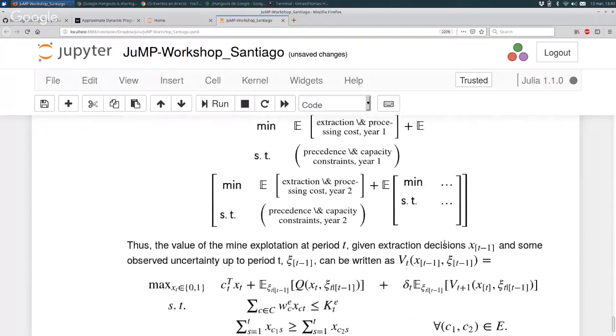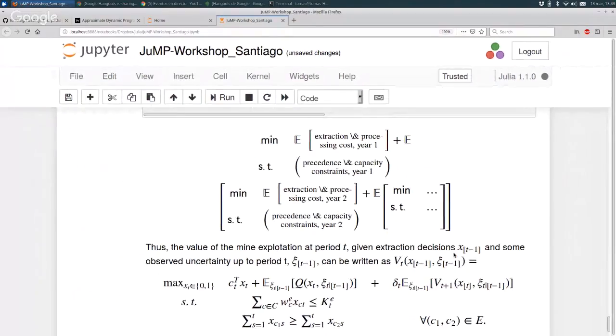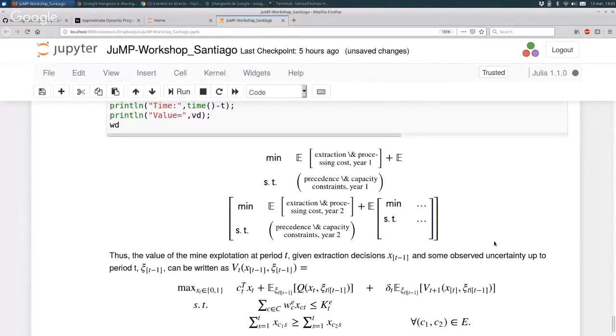And the idea is to use this to solve, as in the title of the presentation, multi-stage stochastic problems with endogenous uncertainty using Julia. So this is the interesting part. I hope I have a minute left. So we are solving this problem where you have many stages.